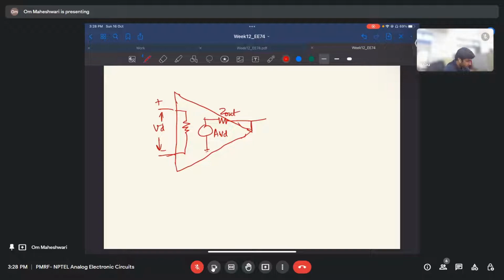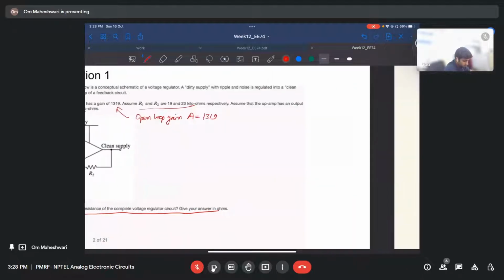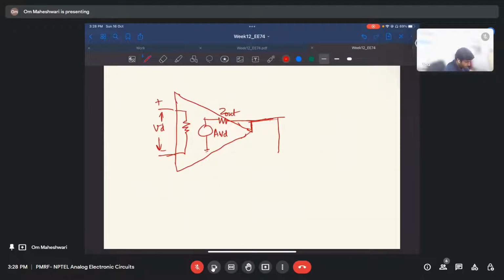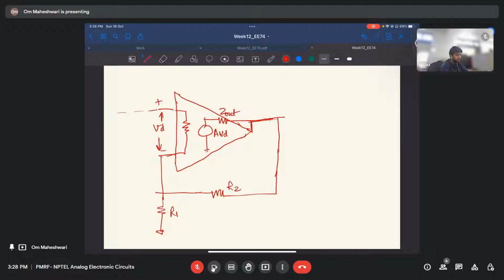Now we have connected R2 and R1. This is connected somewhere, but it doesn't matter here. This is VDD. Let me write it as Z naught.